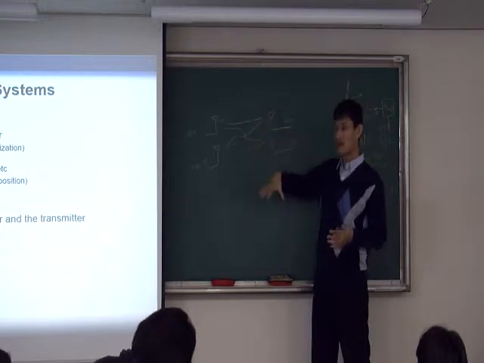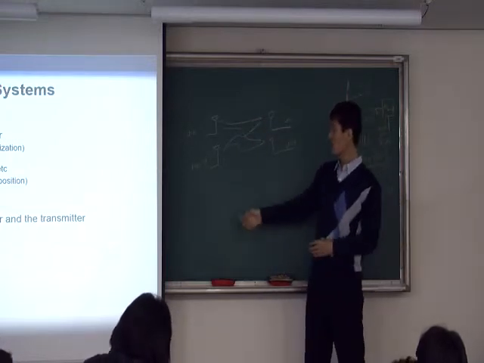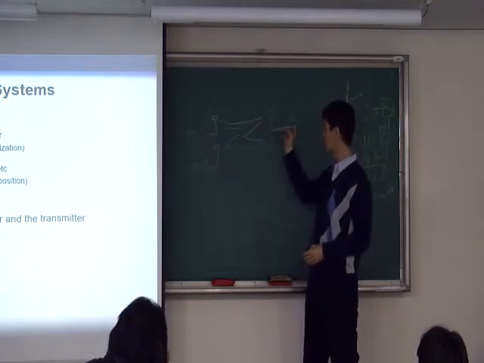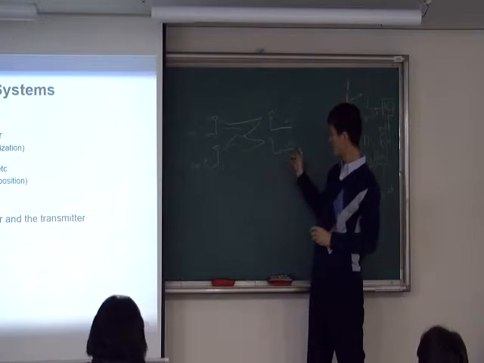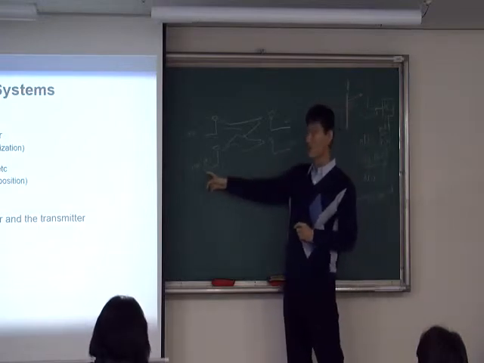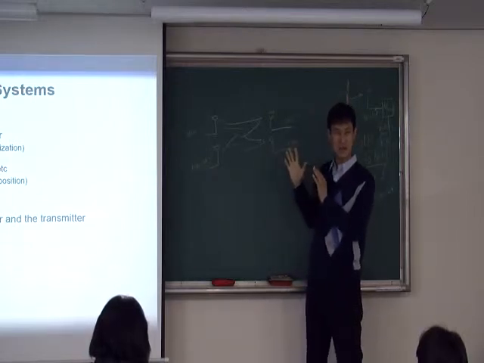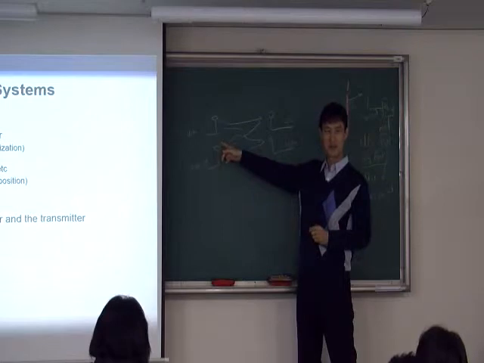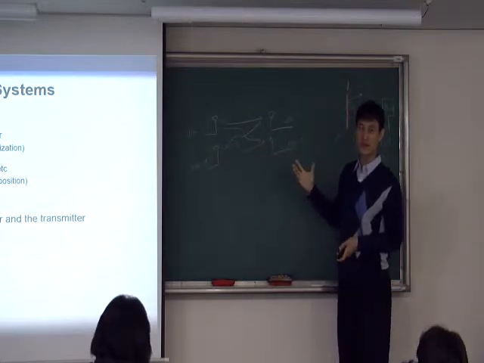But since they are located in the same space, we are all together. So when this one talks to this one, user 2 also hears it. But user 2 doesn't want to hear that. User 2 only wants to hear user 4. But he hears user 3 because of this co-channel interference. So that is the interference.